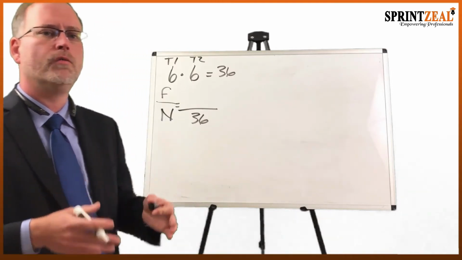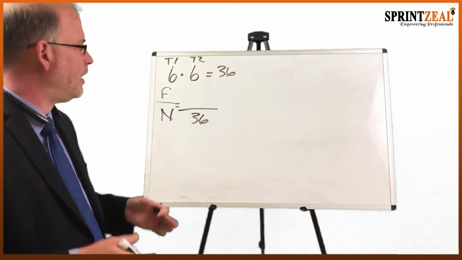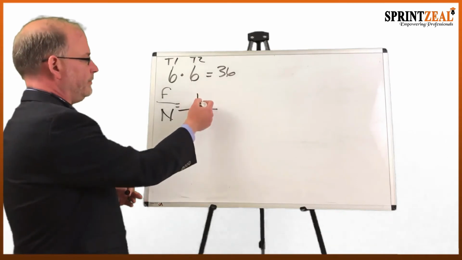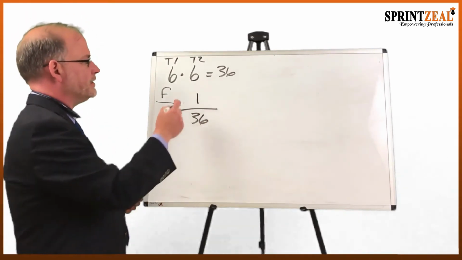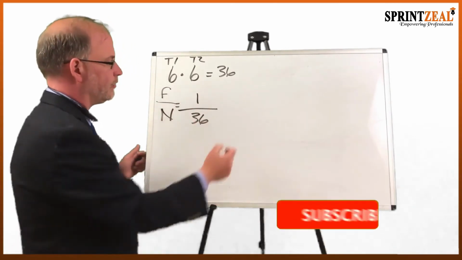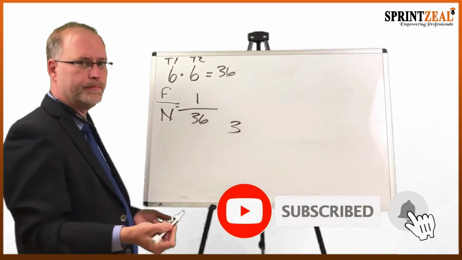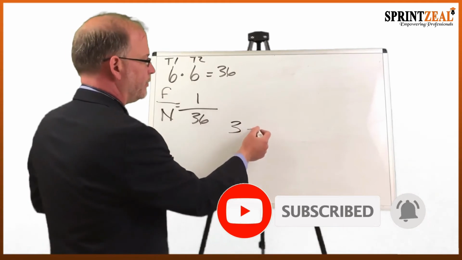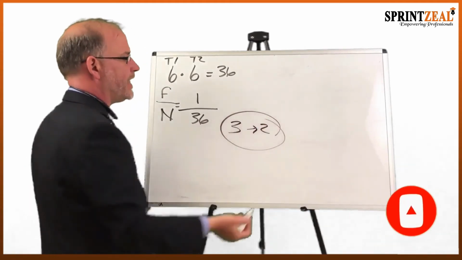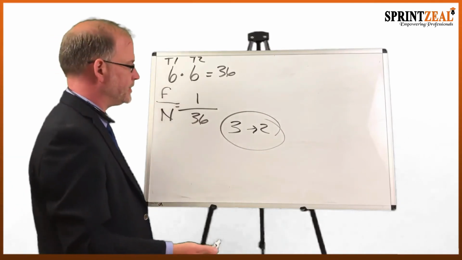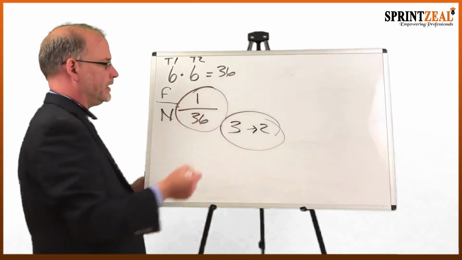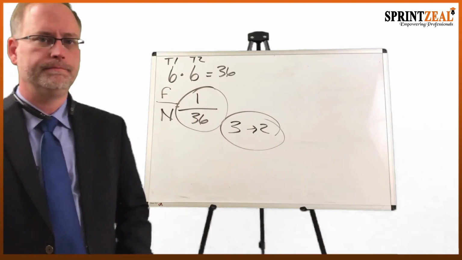It can happen only one way, so the number of favorable outcomes is 1. We have to roll a 3 first, and then after we roll the 3, we have to roll our 2. There's only one way that can happen: the 3 has to be rolled first, and the 2 has to be rolled second. So our probability is that.